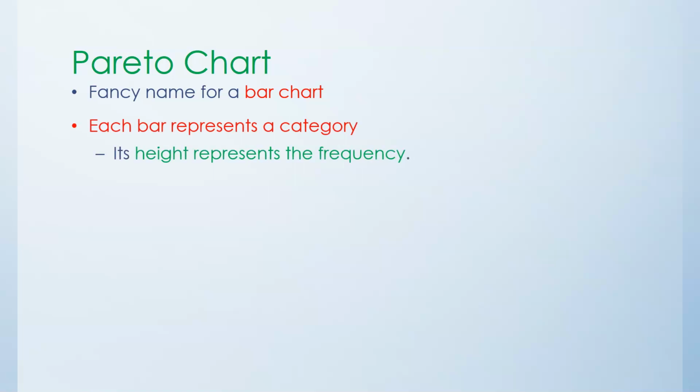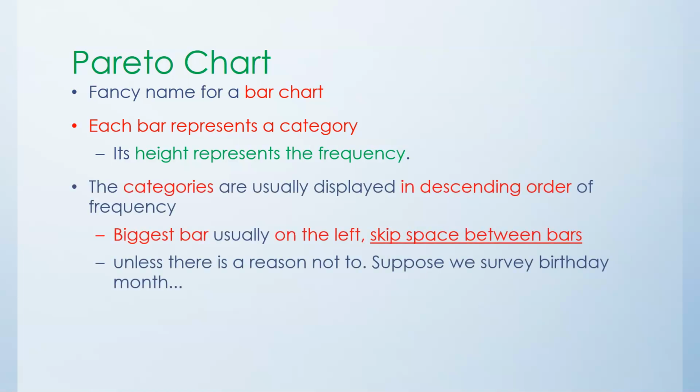Each of your bars represents a category. The height represents a frequency. It's traditional that you organize your categories from most frequent to least frequent, unless there's a good reason not to. For example, with our hair colors, it really only makes sense to put my largest category first, my next largest second, and so on.